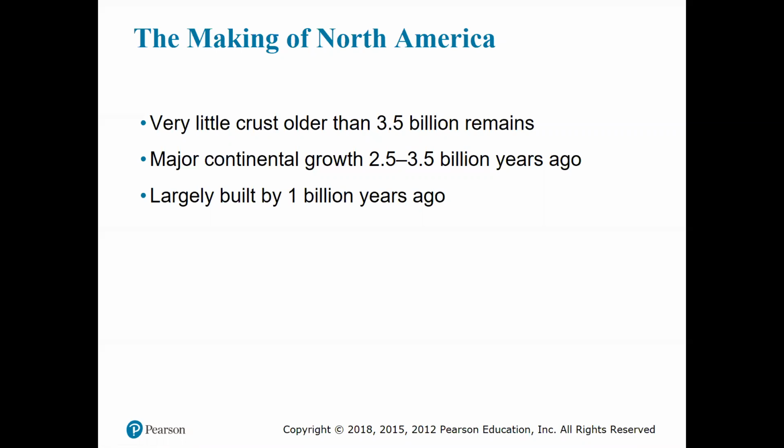With a few exceptions, very little continental crust older than 3.5 billion years remains. There was a lot of growth that occurred between 2.5 and 3.5 billion years ago, and pretty much by 1 billion years ago, the North American continent was pretty much built. So now we have another smart figure that'll walk through the building of the continental crust of North America.